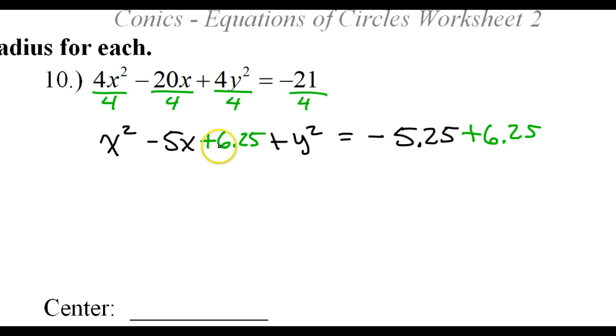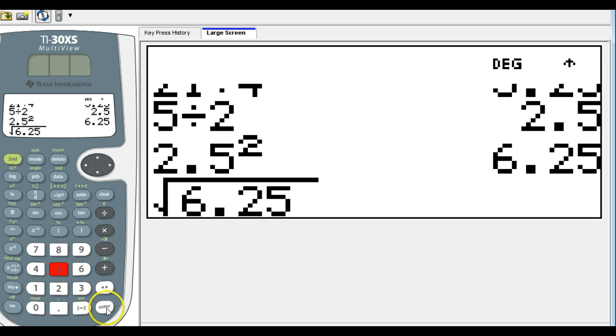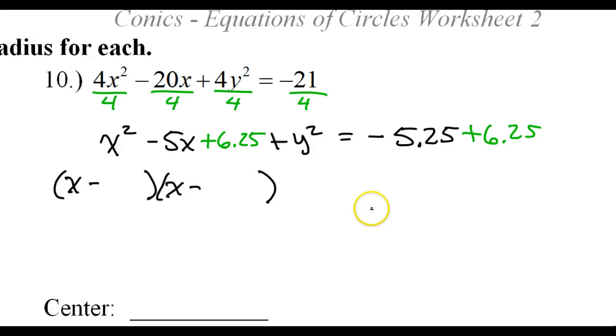All right, now maybe the trickiest part here is taking this and factoring it. And so here's the deal. X squared, it's going to be x and x. And I know it's going to be minus and minus. This number I can get by taking the square root of 6.25. And that's going to tell me what goes here and here. Square root of 6.25, that's 2.5, which by the way is the same thing as just half the middle without squaring it.